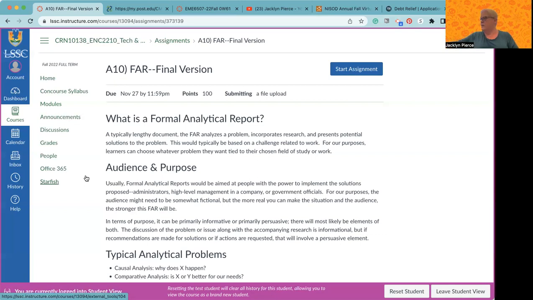The clearer it's going to probably be and the more realistic it's going to be. In terms of purpose, it can be primarily informative or primarily persuasive, but there's probably going to be elements of both. When you're discussing a problem or an issue, your research is informational. And then when you get into possible solutions or actions, that involves a persuasive element.